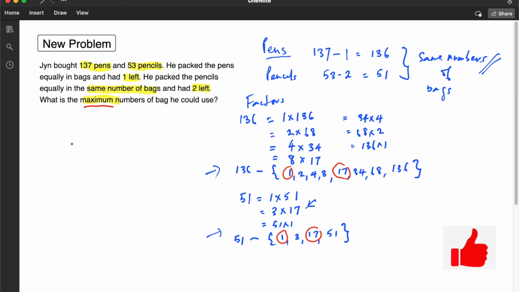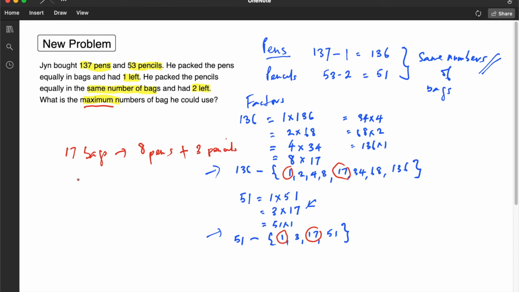So if you were to use 17 bags, it will mean that each bag must contain, because 136 is 8 times 17, 8 pens and 3 pencils.